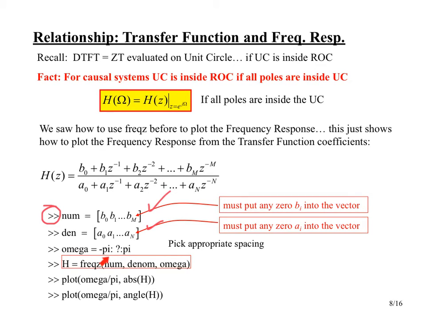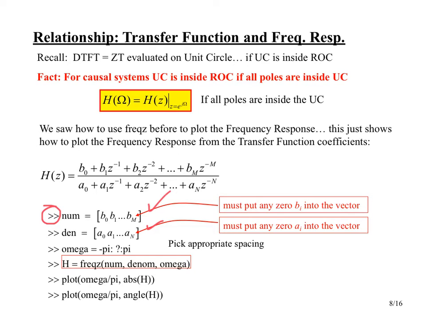Okay, so the minus pi colon then some number colon pi. This is telling MATLAB to create a vector starting at minus pi, ending at pi, with whatever spacing I put in between. So you might put a spacing in that's like 0.001 or 0.00001 or something like that.